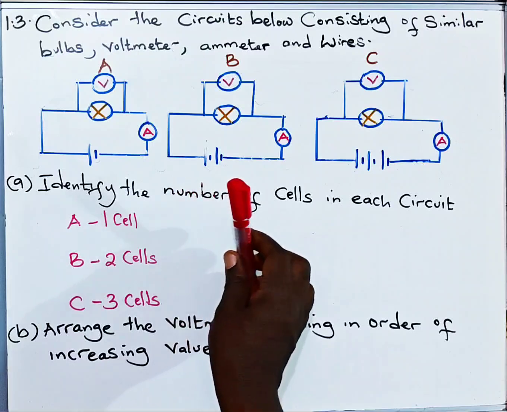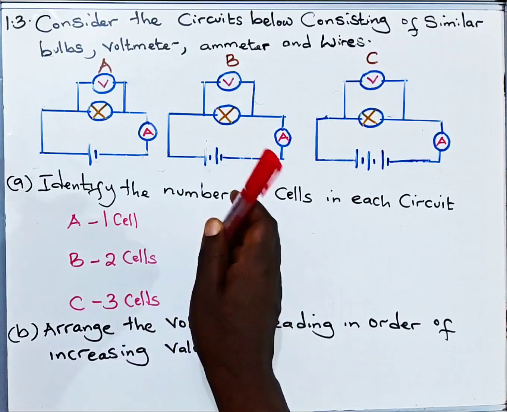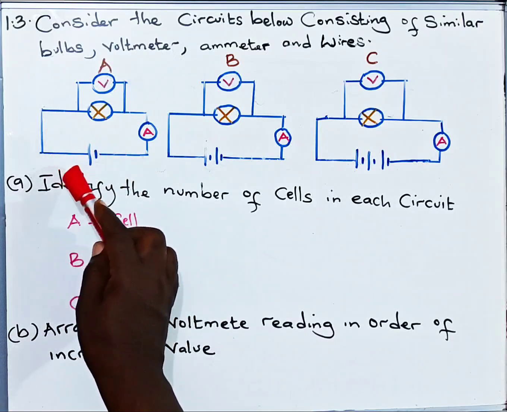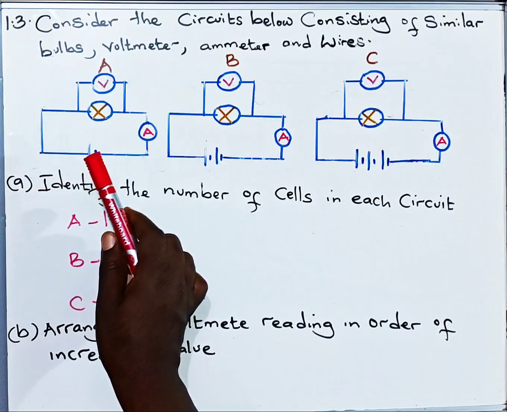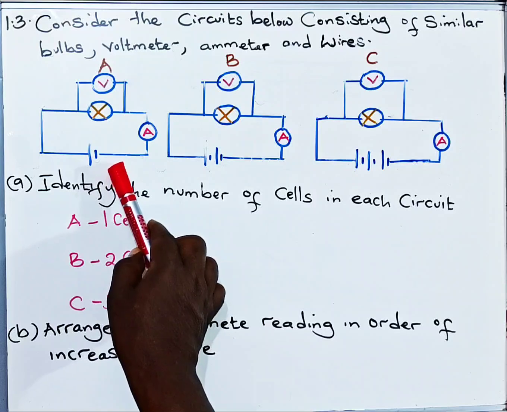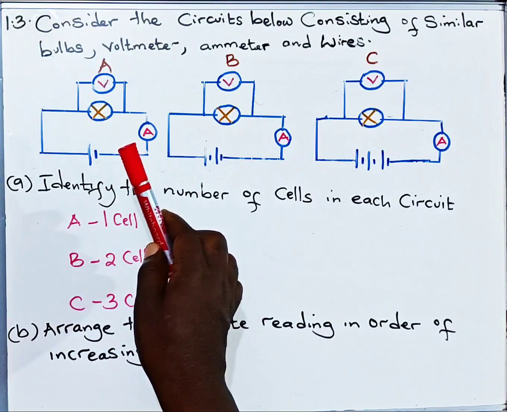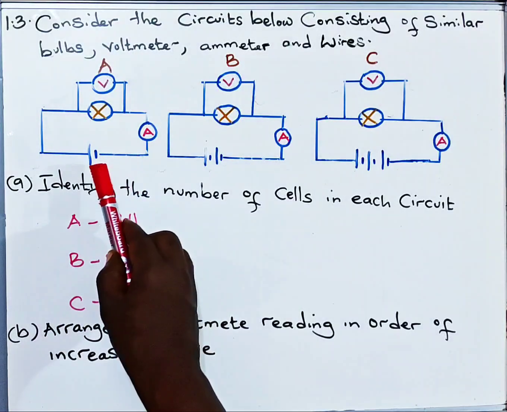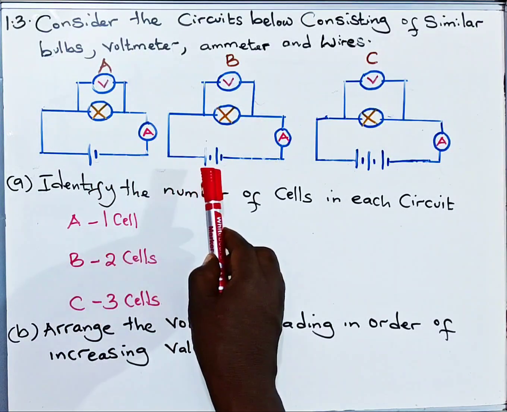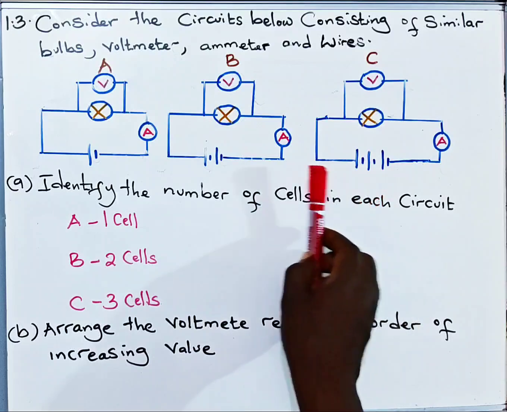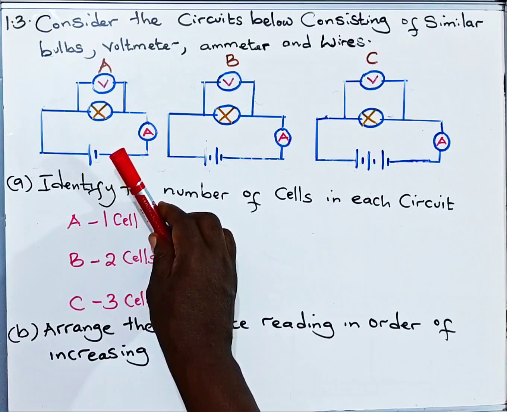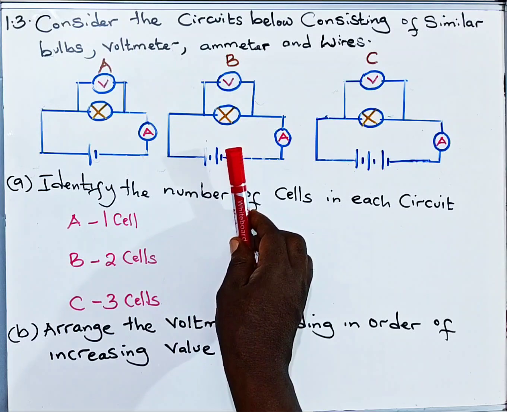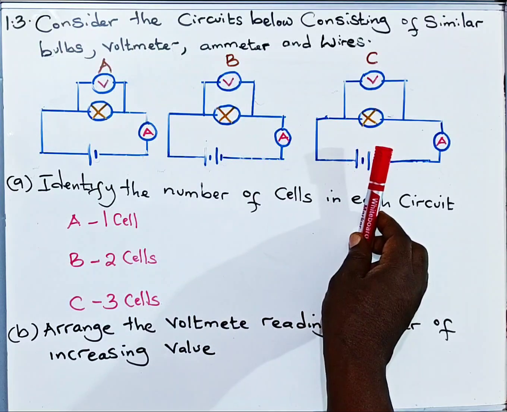You have to know that this voltmeter reading is determined by the battery or the cells. The bigger the number of cells, the higher is the voltmeter reading. So if this is 1, this is 2 and this is 3, the order is going to be 1 being less than 2, which is less than 3.